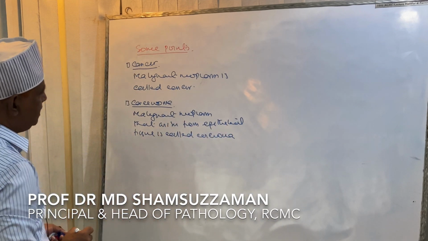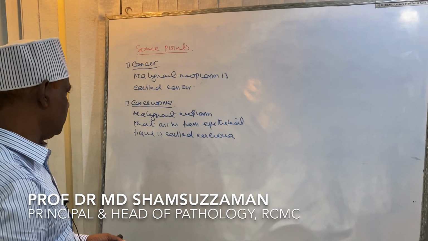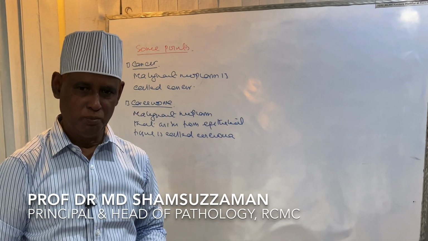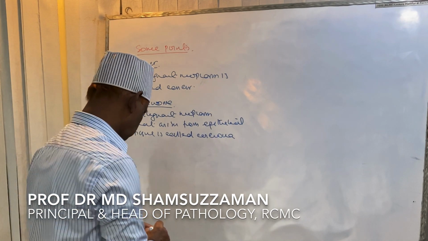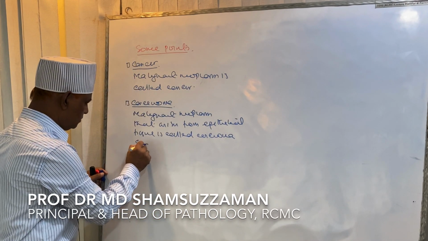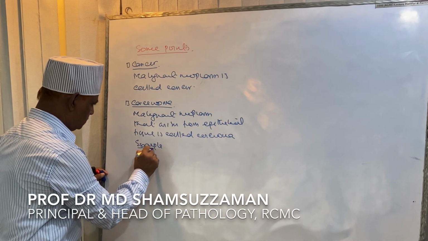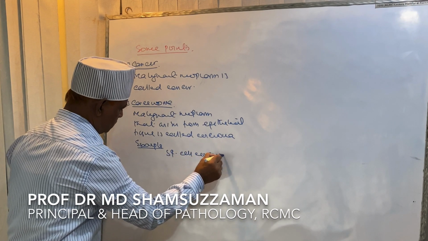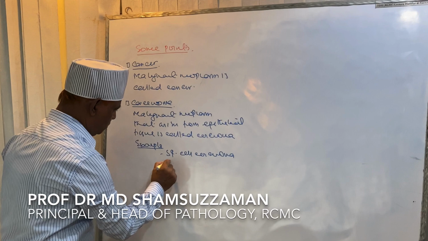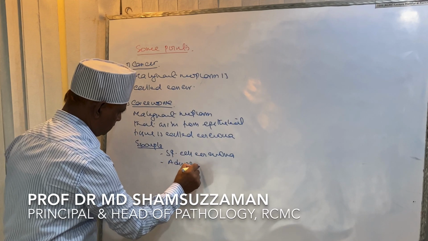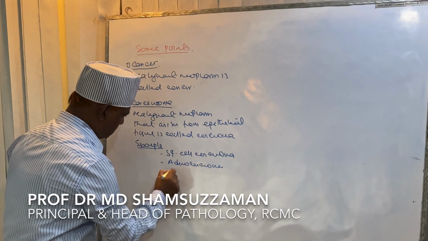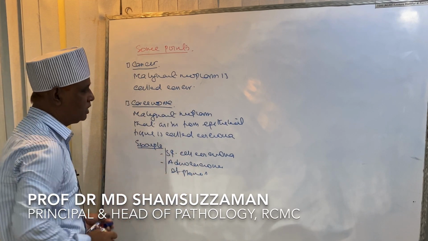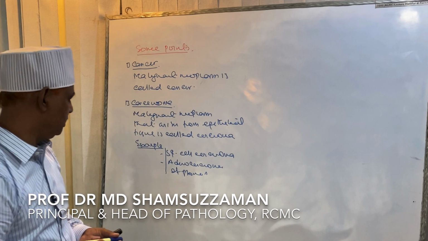So, the malignant neoplasm or cancer that arises from epithelial tissue is called carcinoma. Example, squamous cell carcinoma, adenocarcinoma of stomach. So, these are the malignant tumors of epithelial tissue.